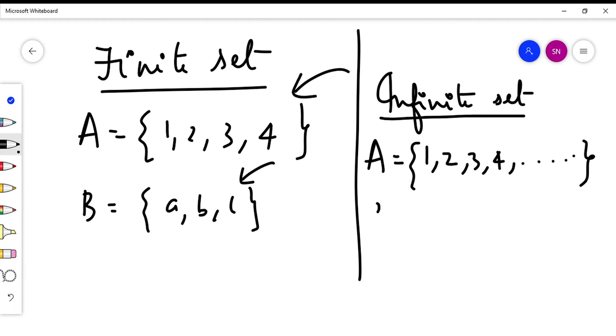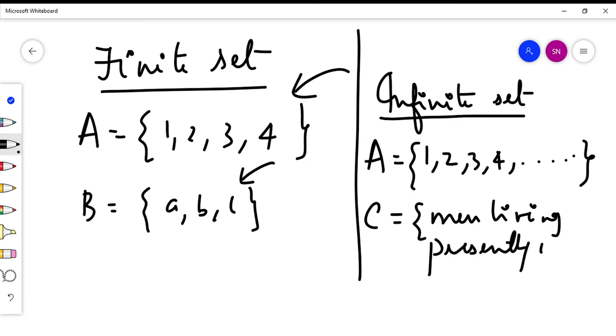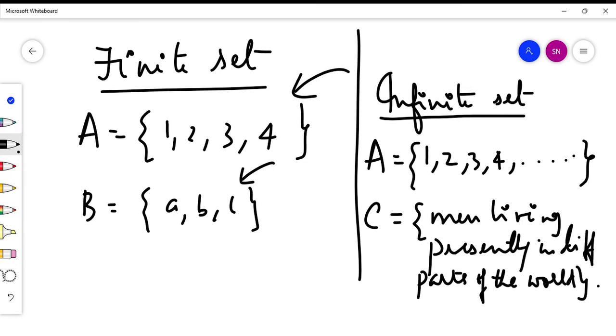Again, I'll consider another set C. Set C is equal to men living presently in different parts of the world. This also is an infinite set. I do not know how many men are living in different parts of the world. I cannot go and count, right?